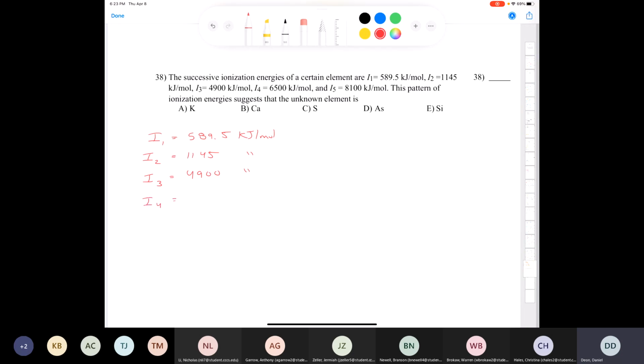I4 is equal to 6500 kilojoules per mole. And I5 is equal to 8100 kilojoules per mole. This pattern of ionization energies suggests that the element is, could anybody tell me how many valence electrons this element has based off of these ionization energies?